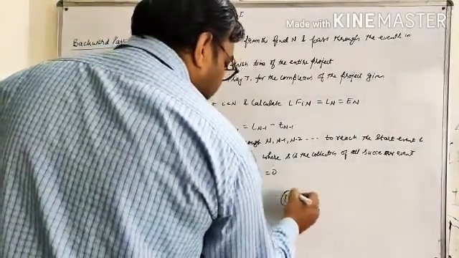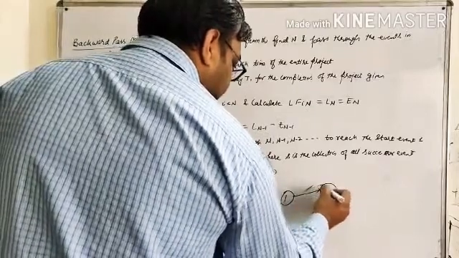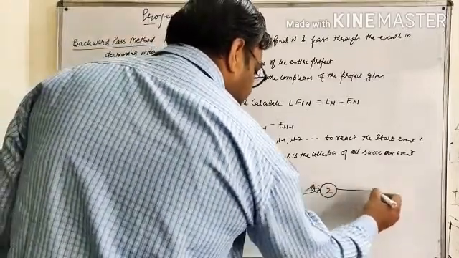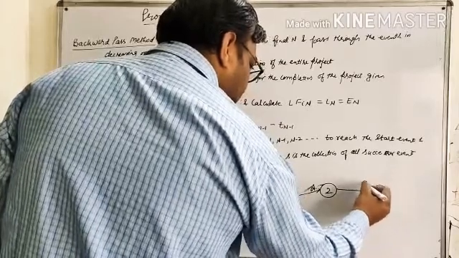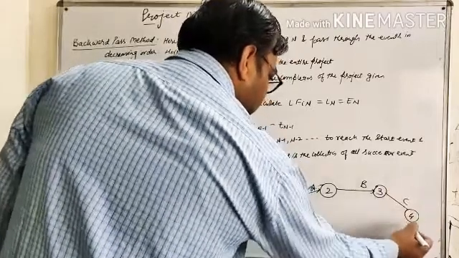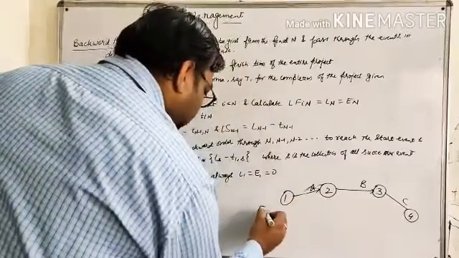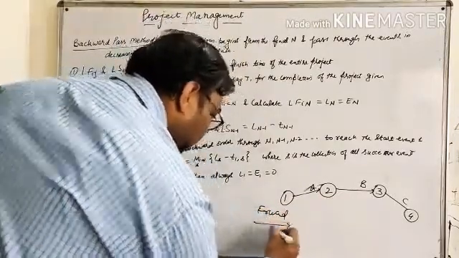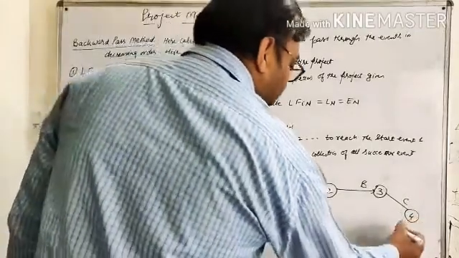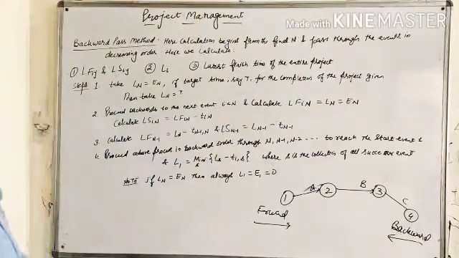In the forward pass we start calculation from left to right, and in the backward pass we start calculation from right to left, that is, from the end to the first.